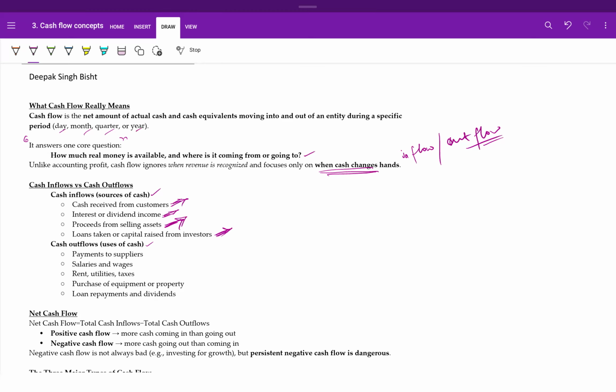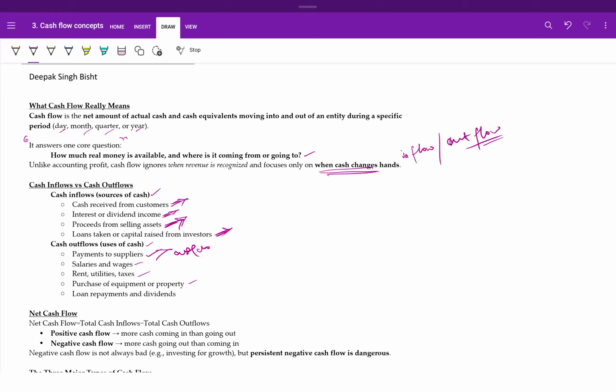When we talk about cash outflows, payment to suppliers represents an outflow. So do salaries and wages, rent, utilities and taxes, purchase of properties and equipment, loan repayments and dividends.